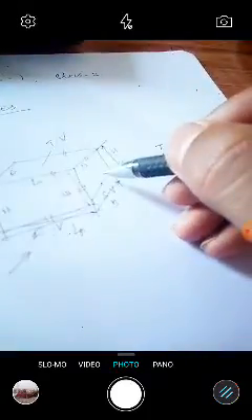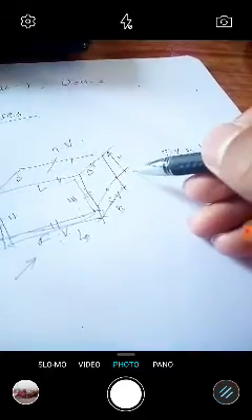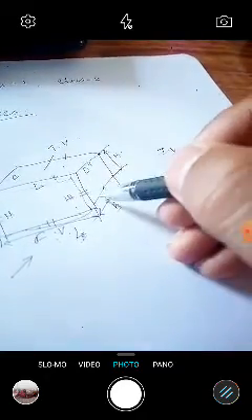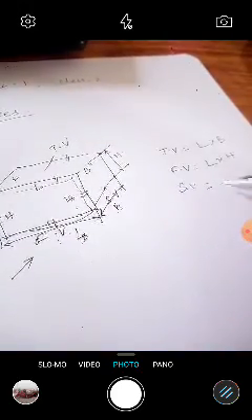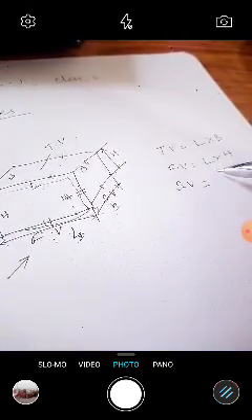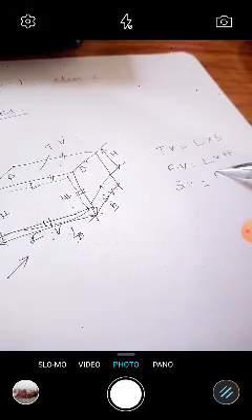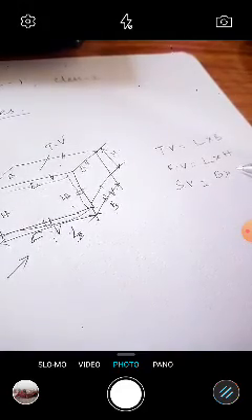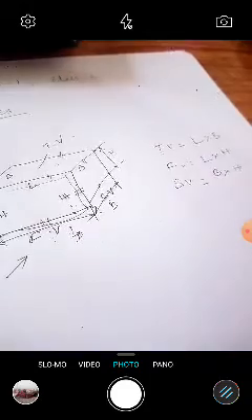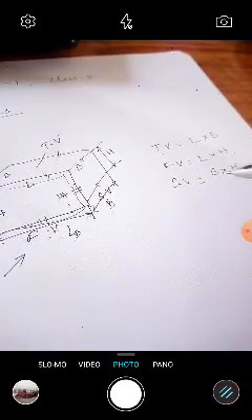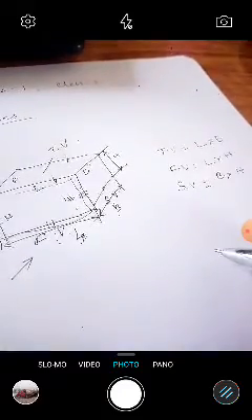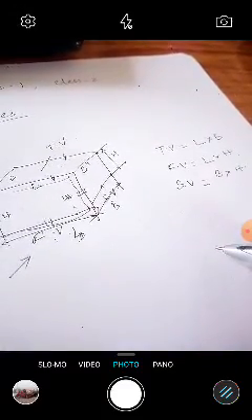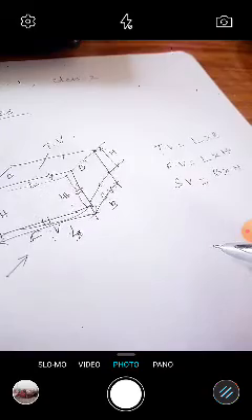Now, when it comes to side view, it is the combination of breadth into height. This is the side view, which gives you the combination of breadth into height. Now, let me put it in certain boxes, which will help you understand the things.